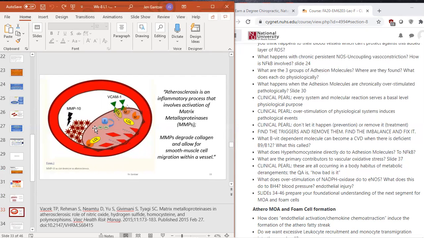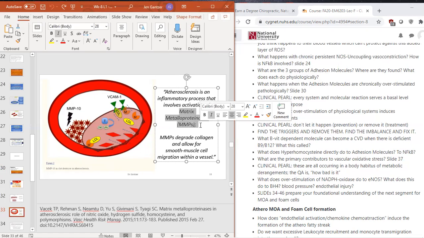A stable plug in an atherosclerotic vessel is less of a clot, thrombus risk than one that becomes loosened and breaks off. So who's the guy breaking it off? Right here, your adhesion molecule, metalloproteinase, because it degrades collagen. So here's your vessel cap and it's going to start degrading it and degrading it. So you do not want the overstimulation of the metalloproteinases.